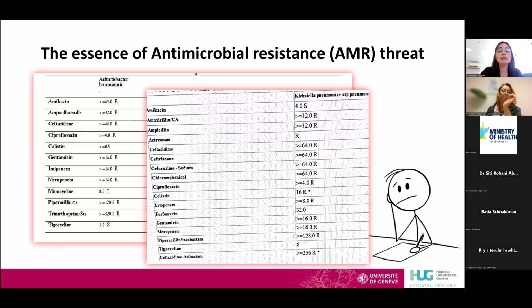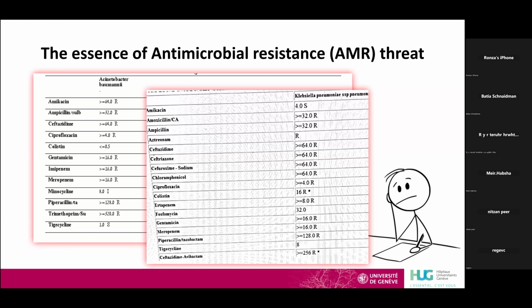It's very important for me to highlight the essence of AMR from my perspective as an infectious diseases physician in an endemic setting. It's not infrequent that one faces highly extensively drug-resistant pathogens in clinical isolates of patients.